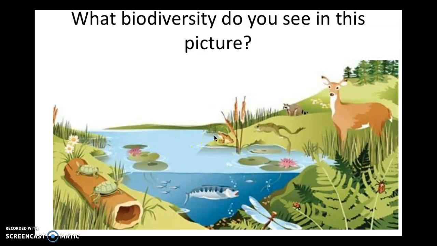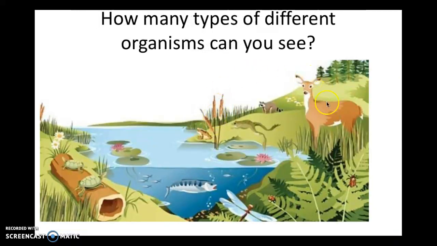So here's another picture. Biodiversity here? Well, one way that you can look at it is by looking at the different types of organisms that you see. I see lily pads, I see these ferns, I see some grass, some cattails, some trees. There's also many different types of animals: raccoon, deer, bugs. There's 3 different types of bugs. There's some fish in here, there's some turtles, there's daisies.